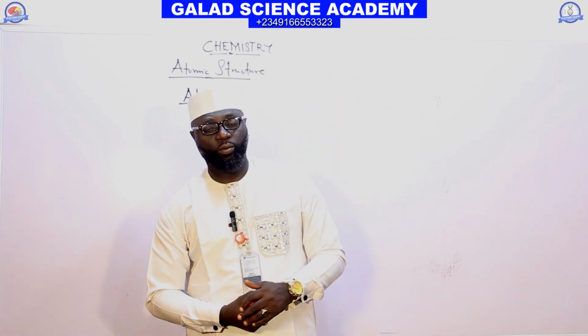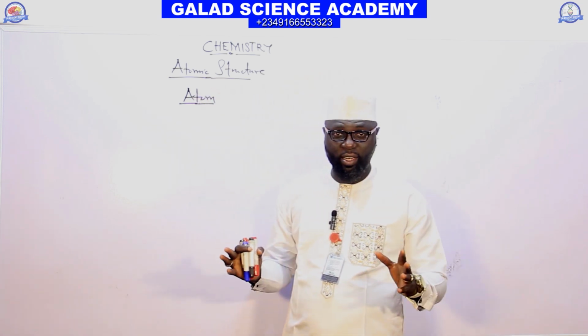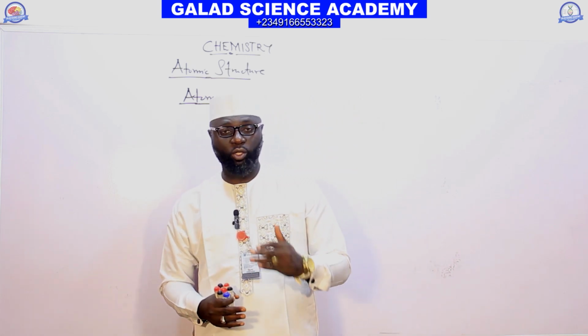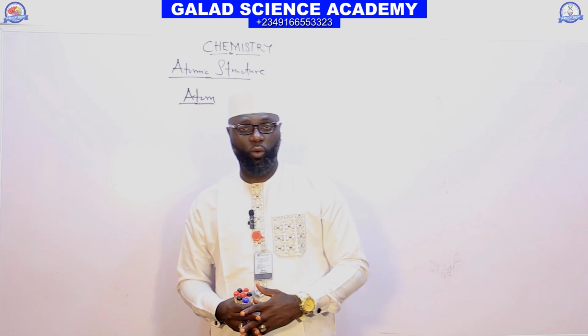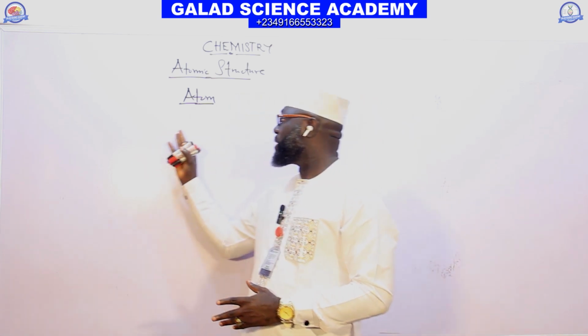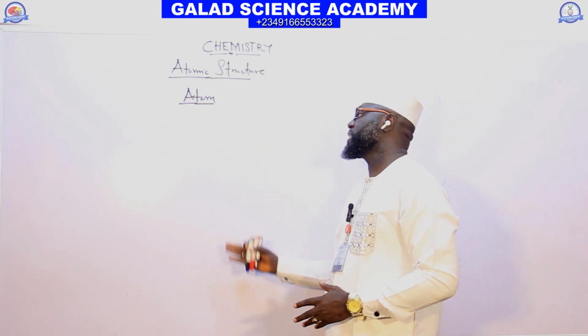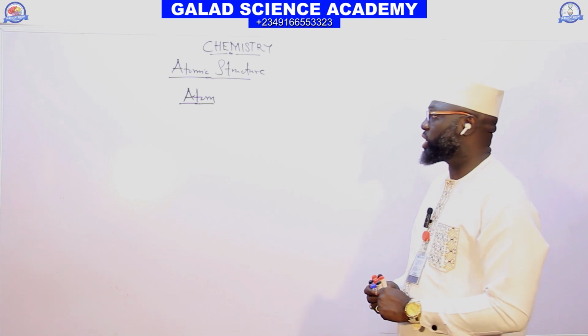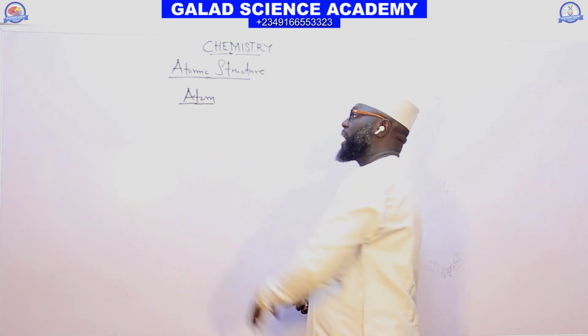An atom can be defined as the smallest particle of an element which takes part in a chemical reaction. The smallest part of an element which takes part in a chemical reaction is called an atom.